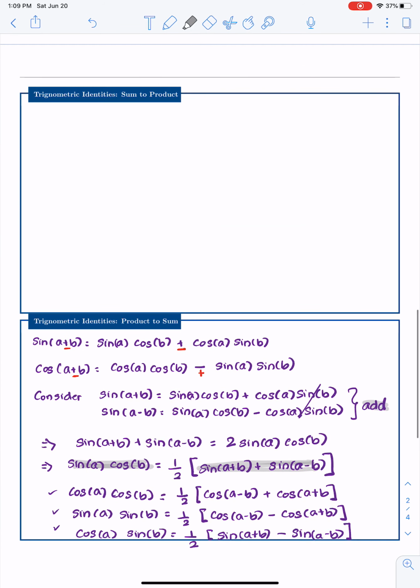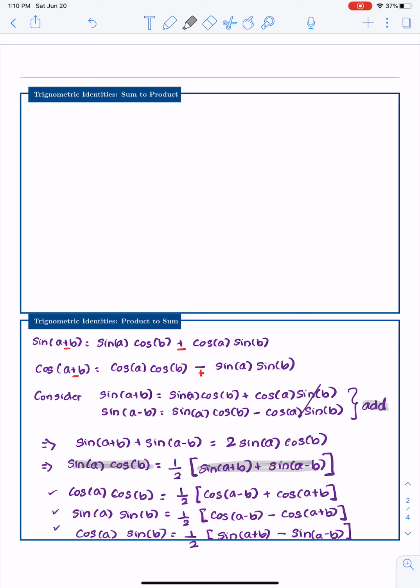So going back to sum to product, now in the derivation that I just completed, I had a product and I converted that to a sum. But the goal now is to have a sum and convert it to a product.